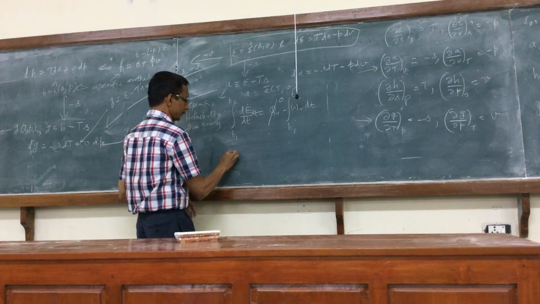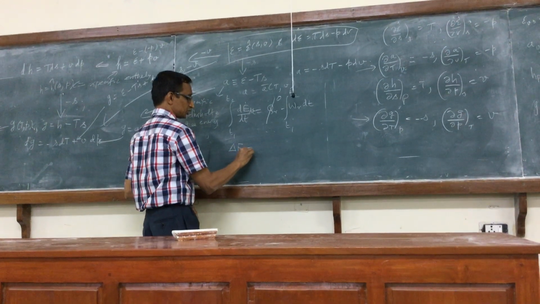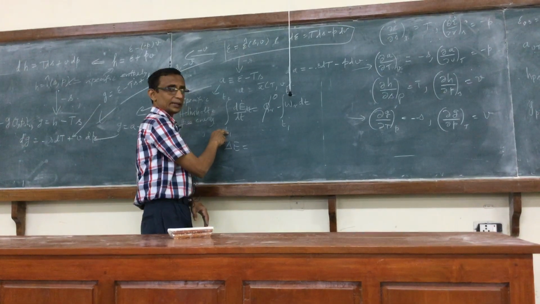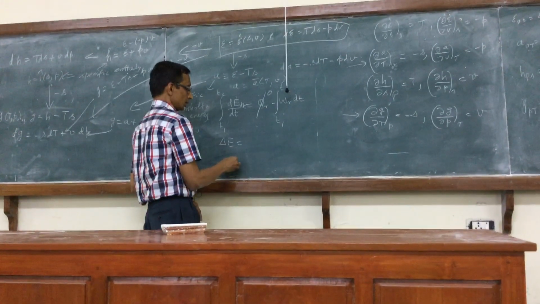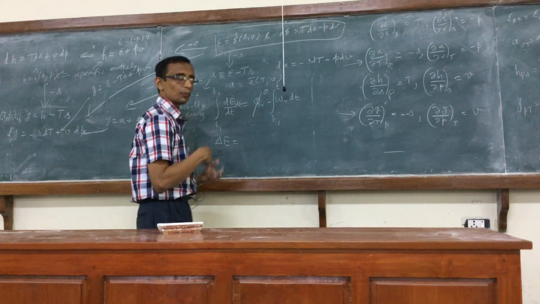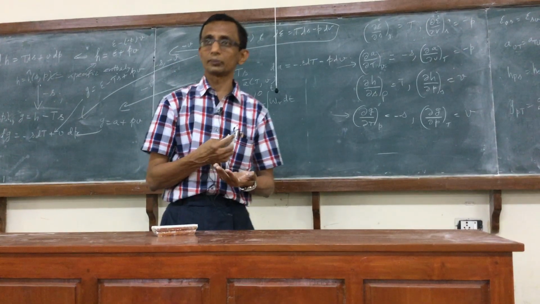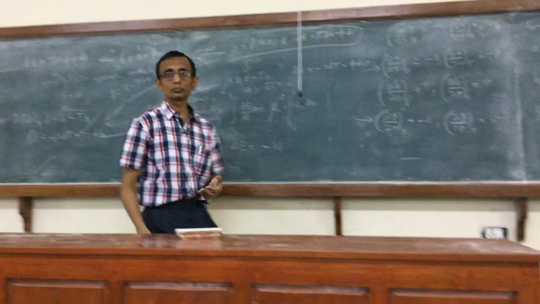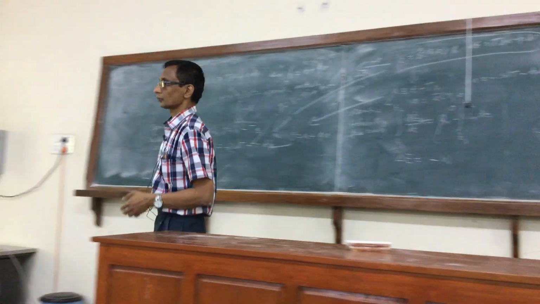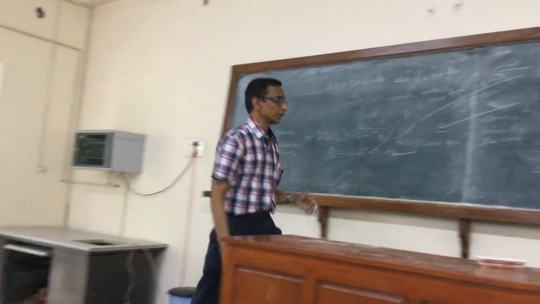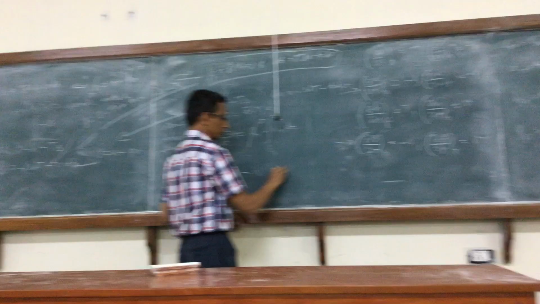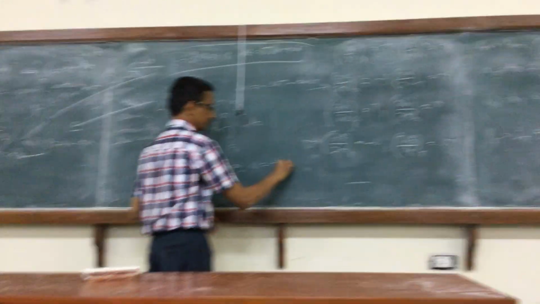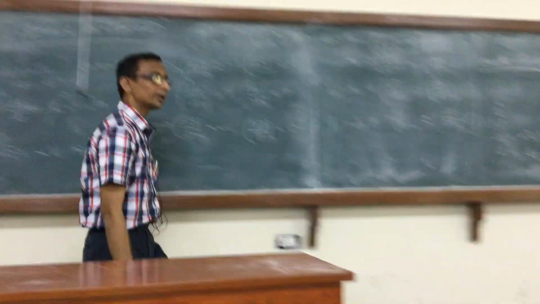So what I get is that delta E, the change, where t is the time, going from one equilibrium state to another, is minus W. What this means then is W is equal to minus delta E.